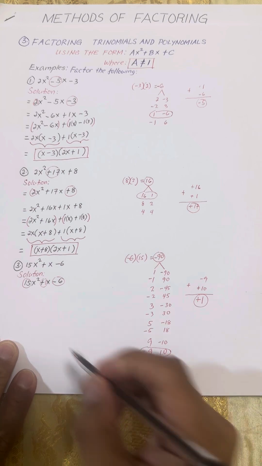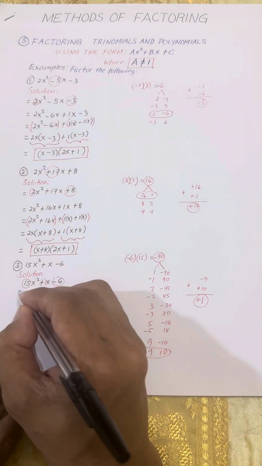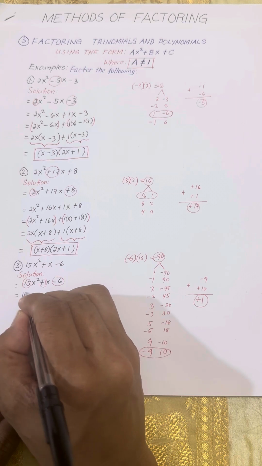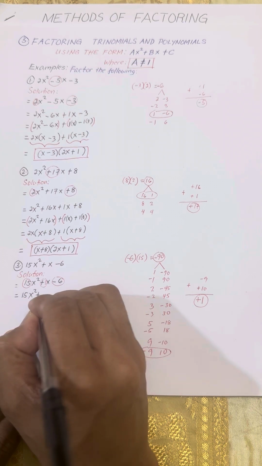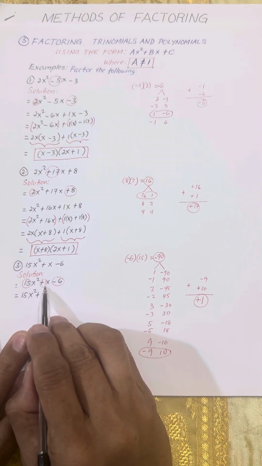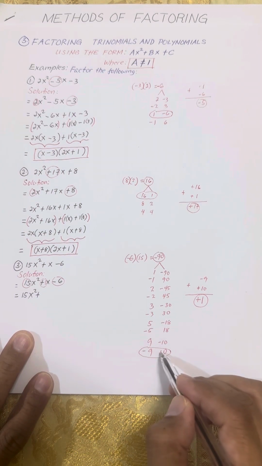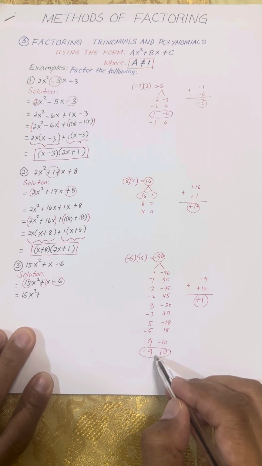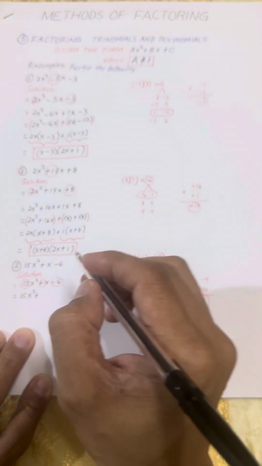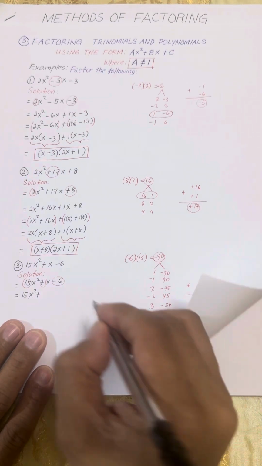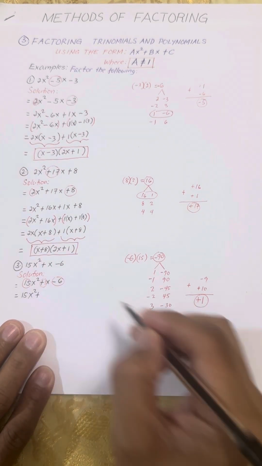Okay, so we have to manipulate this. We can write this as 15x squared, then plus we can rewrite positive x, or 1x, with a combination of these.